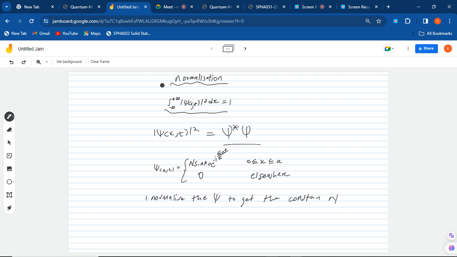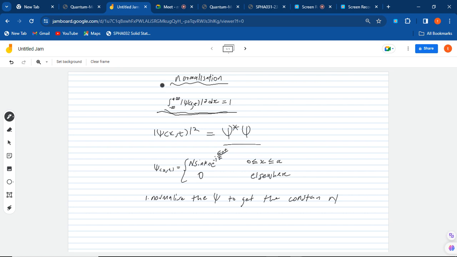So how are you going to do that? In every case that I have seen before, the reason for normalizing is to get this constant. When you normalize, you're going to use this formula.